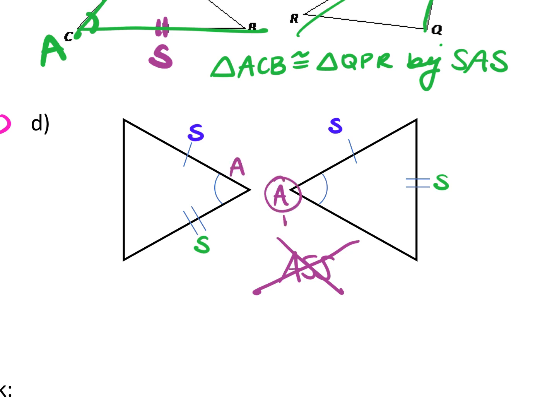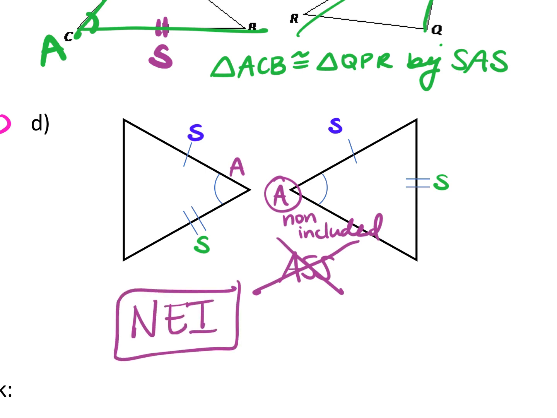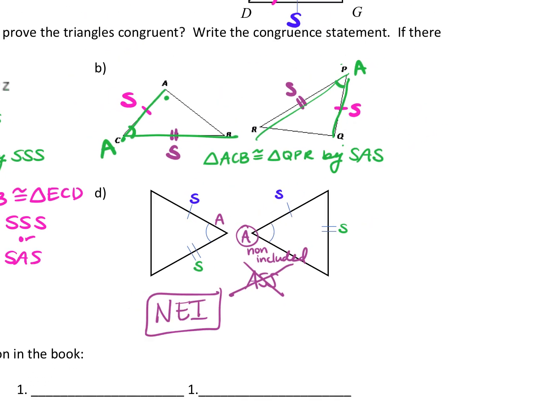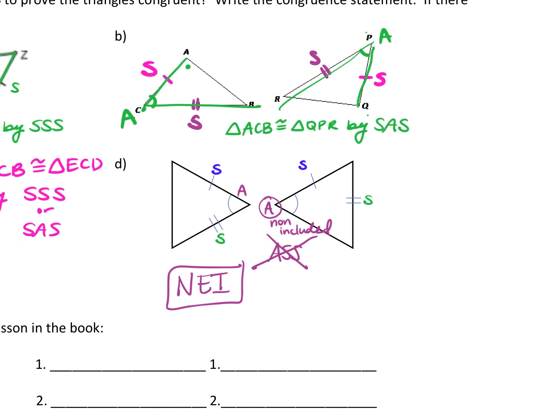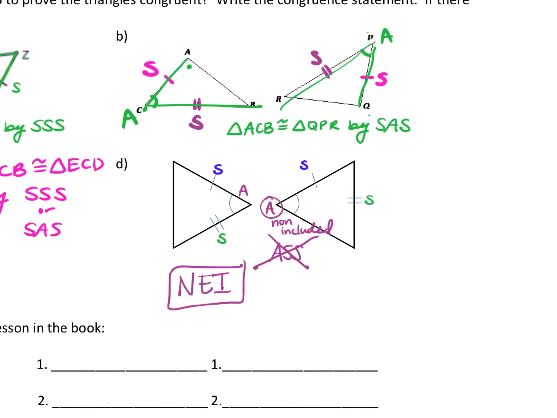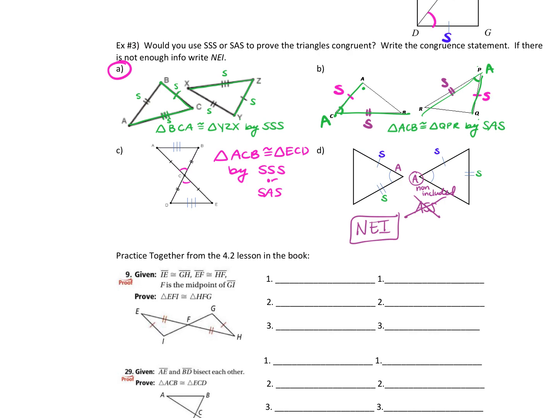This is the non-included angle. Therefore, these might be congruent, but we don't have enough information. Okay, they are not matching up, so this is not enough info. Good on that? Okay.